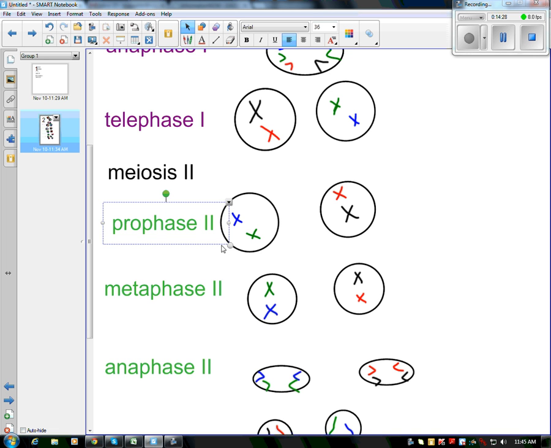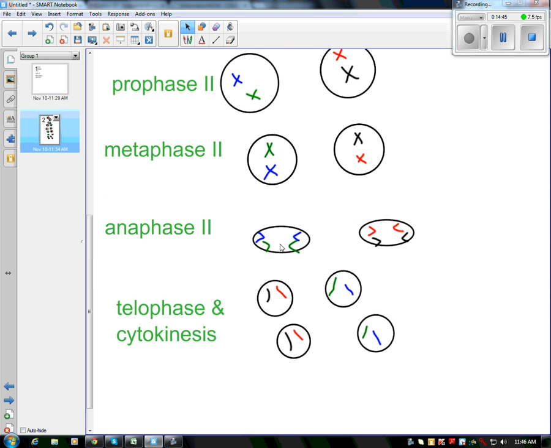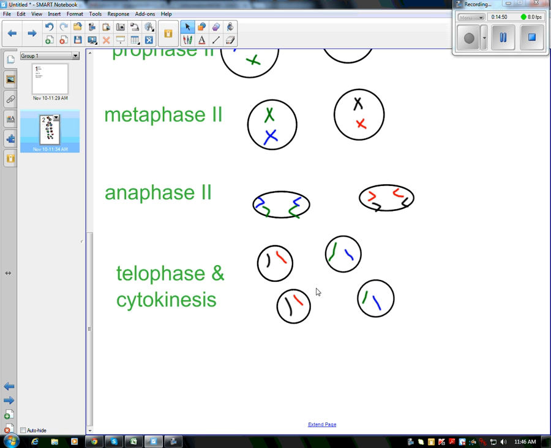Before they can duplicate their DNA, they go straight into meiosis 2, which then does the same thing. They condense in prophase, they line up, they go into anaphase, which they rip apart and go to opposite ends, and then you have 4 haploid cells, or 4 gametes. They're either sperm or eggs. They're one-n cells. Questions?